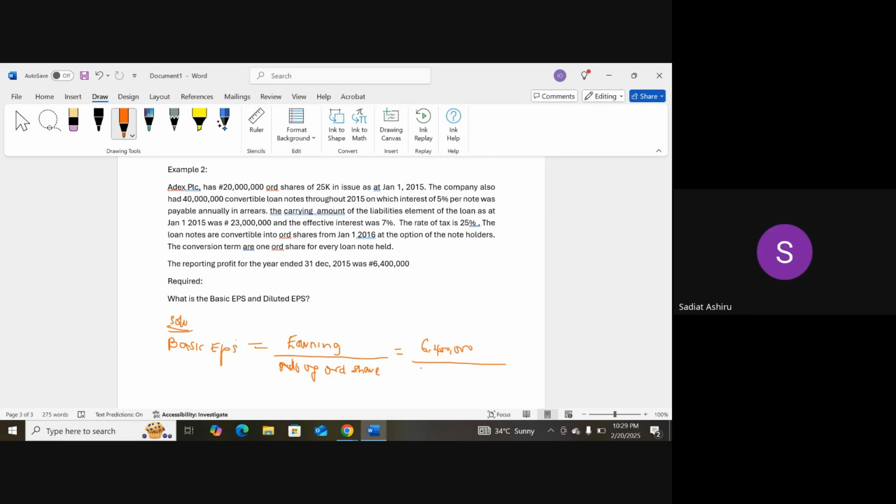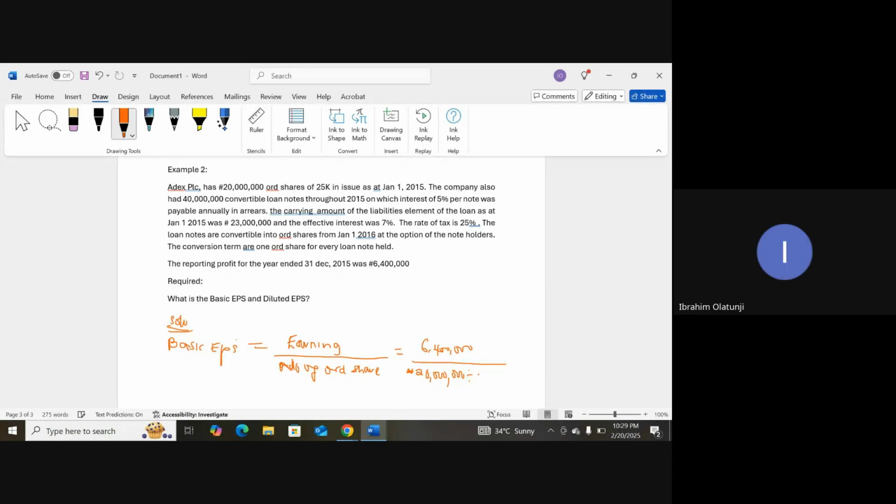You will divide it, not multiply. You divide the 20 million naira by the 25 kobo each, and you will now get the number of shares. That's correct. Clap for yourself.